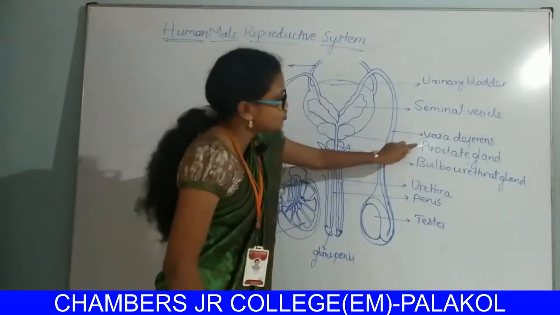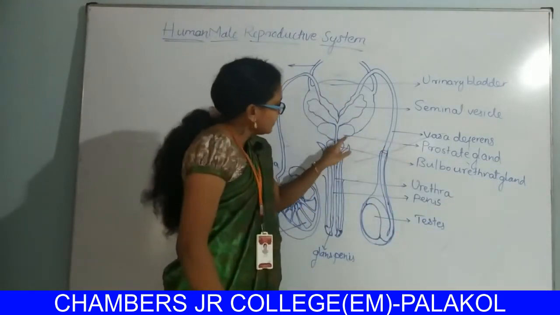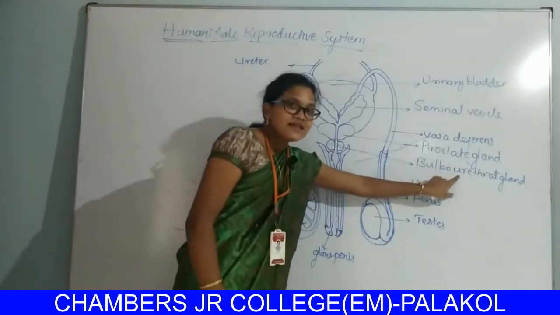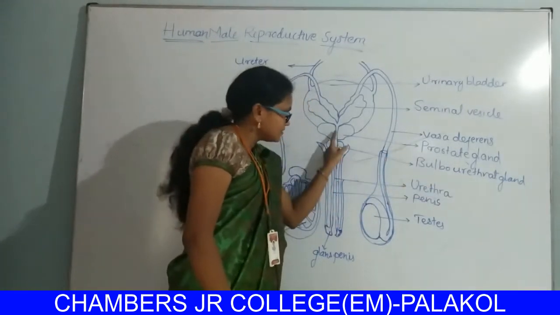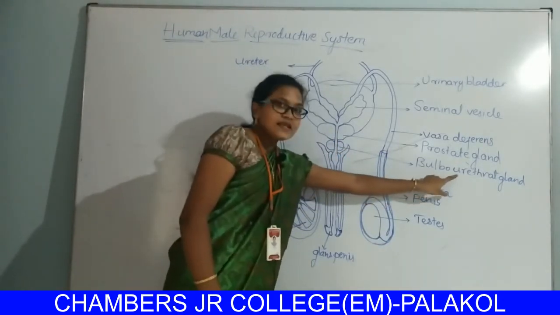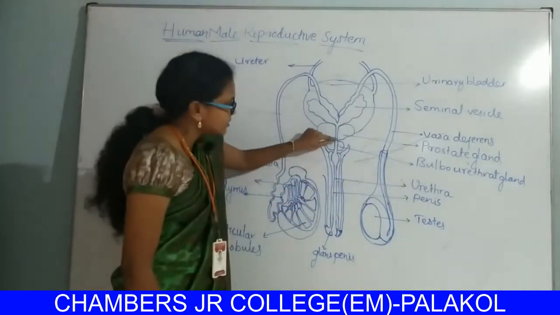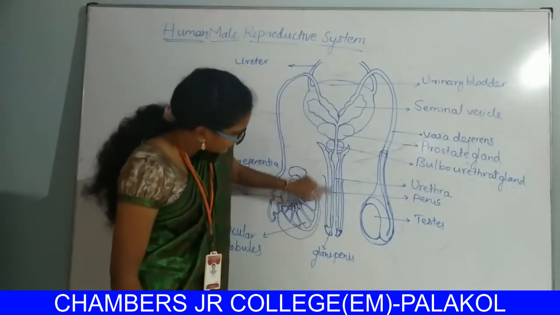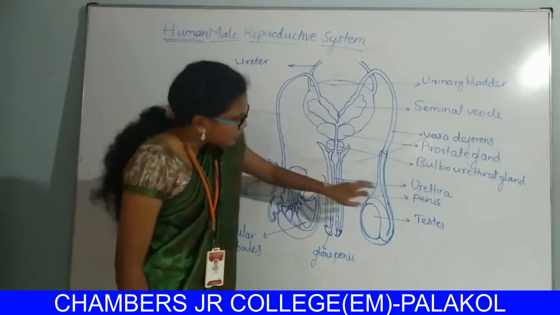So there are two glands. What are they? Prostate gland, bulbourethral gland. And next, a narrow passage in the middle is called urethra.